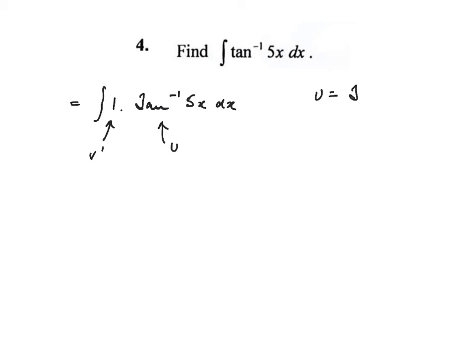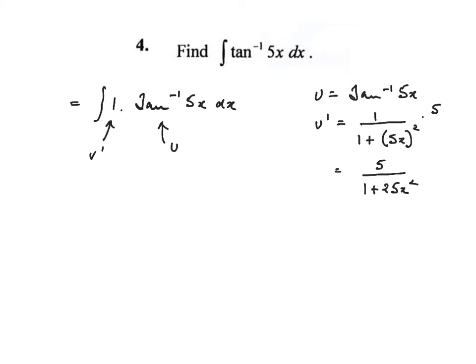U equals tan to the minus 1 of 5x, and u dash is 1 over 1 plus 5x all squared times the derivative of 5x, which is 5, over 1 plus 25x squared. V dash is 1, and that means that v is x.